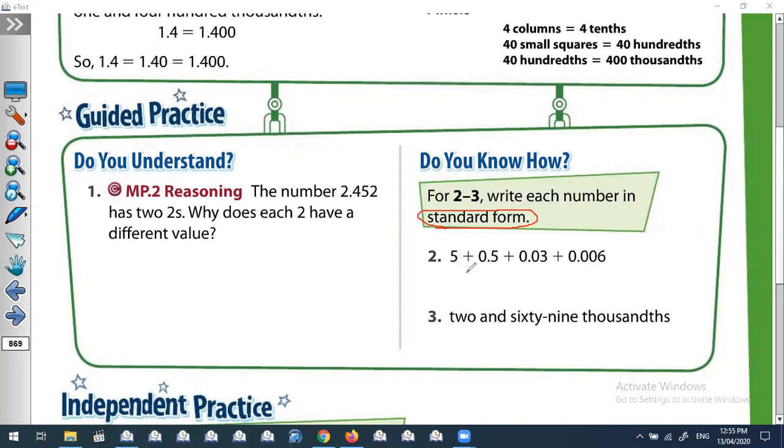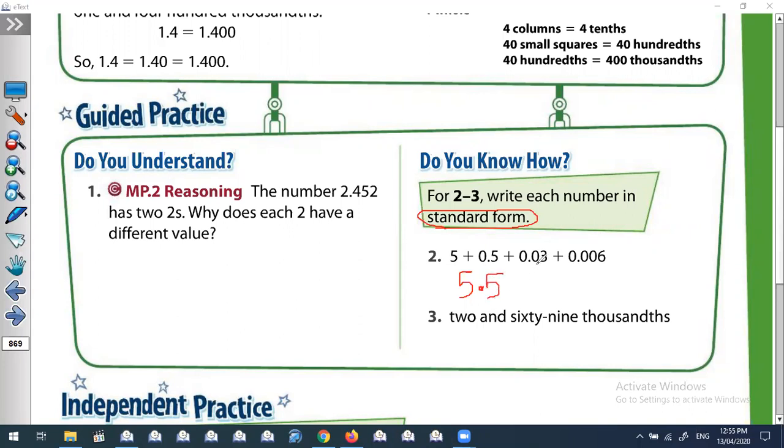So you have to write 5 in ones. After that, this is 5 also, but 5 tenths, because I have only one digit in the decimal. One digit in the decimal means tenth. So you have to put the decimal point and put 5 in the tenth.